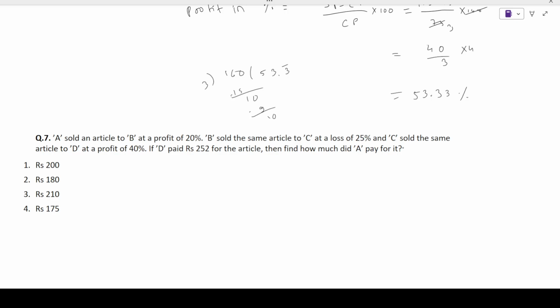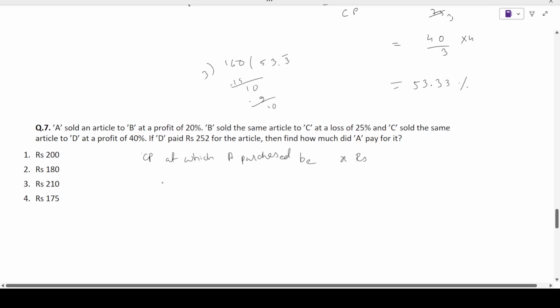So let's say the cost price at which A purchased is X rupees. Okay.